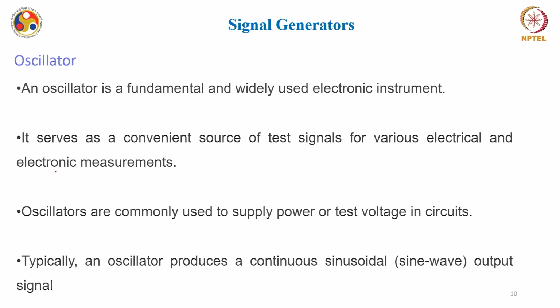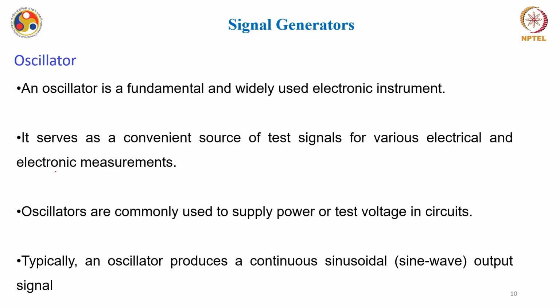The oscillator is a very crucial part of a signal generator, and it is a fundamental and widely used electronic instrument, not only in the generator but in other applications also. It serves as a convenient source of test signals for various electrical and electronic measurements. They are commonly used to supply power or test voltage in circuits, particularly when you want oscillating voltages or oscillating currents.